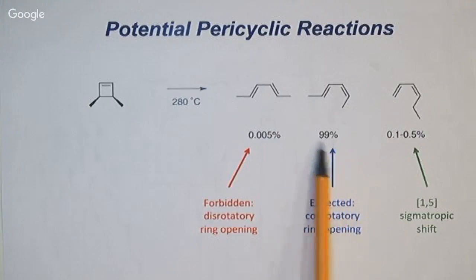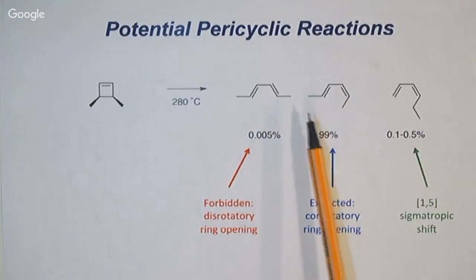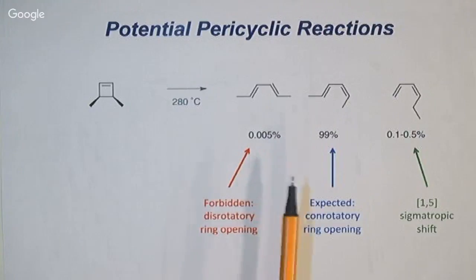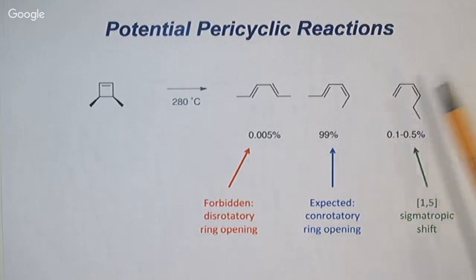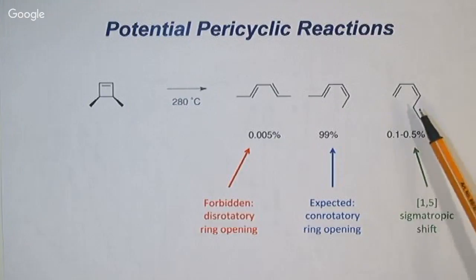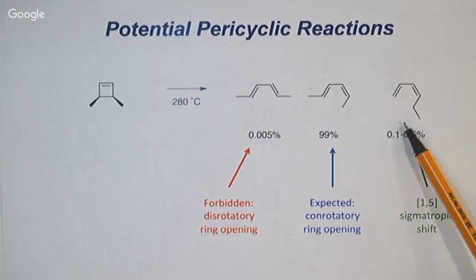That's the major product that you otherwise observe here, where you end up with cis and trans bonds in the product. You end up with just a wee teeny tiny little bit of the forbidden symmetry, which would occur from a disrotatory ring opening. And you end up with less than 1%, so not a whole lot, of this particular molecule, which is an isomer of the major product.